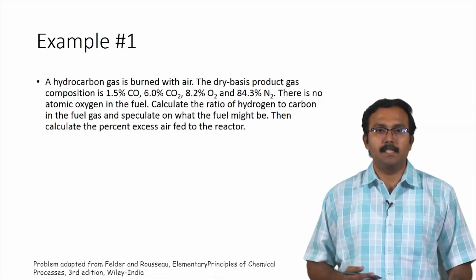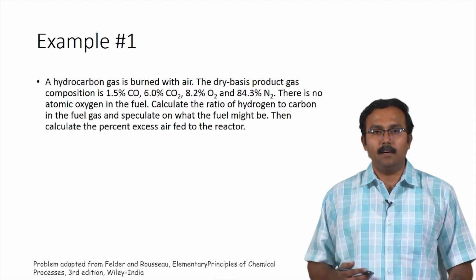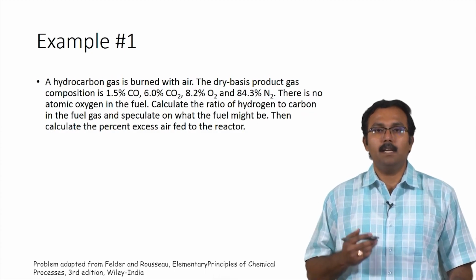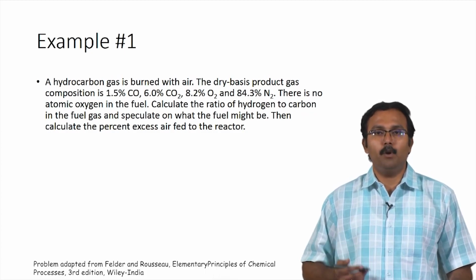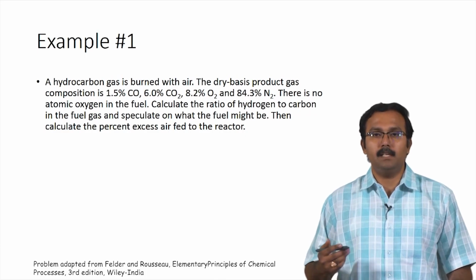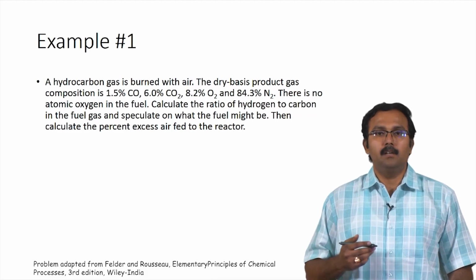So here is the first example. A hydrocarbon gas is burned with air. The dry basis product which is formed is 1.5% carbon monoxide, 6% carbon dioxide, 8.2% oxygen and 84.3% nitrogen. There is no atomic oxygen in the fuel.